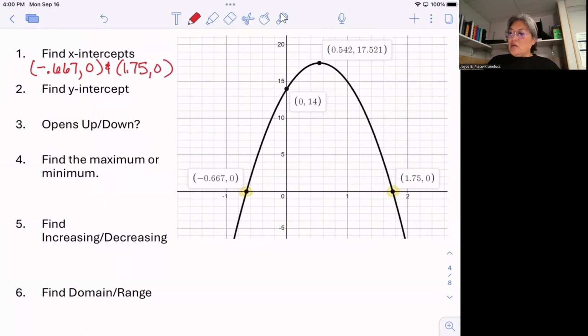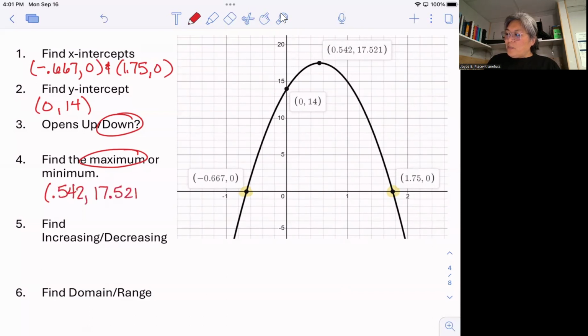Write them as points. Y-intercept as well is given. That is (0, 14). Very clearly, this one doesn't open up. It opens down. It has a maximum. That maximum happens at (0.542, 17.521).